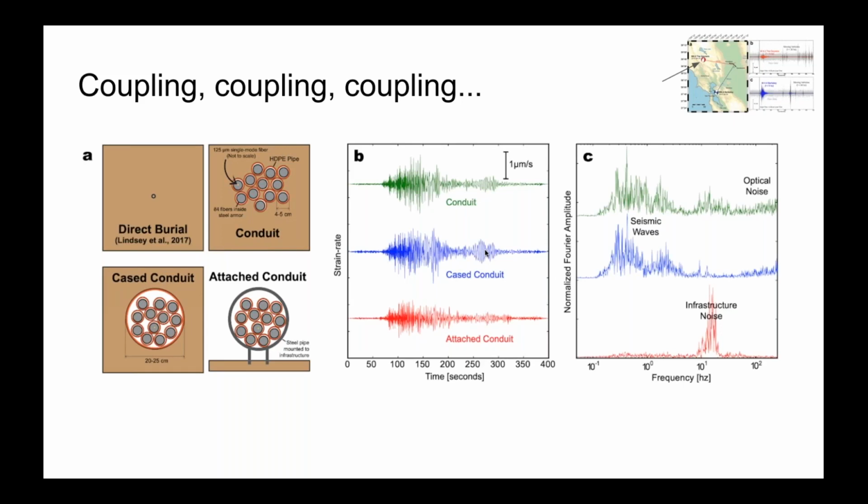So this question of coupling becomes an issue because every experiment has different installation conditions of our sensor, the actual sensing element, even though we have the same photonic instrument. And so standardizing this kind of instrument response function is important if you want to use the amplitude of your waveform in the end to do some sort of moment tensor inversion or some sort of science with the observation.